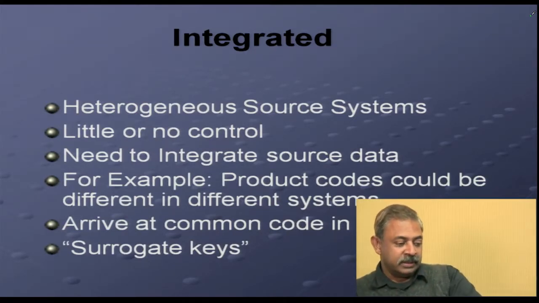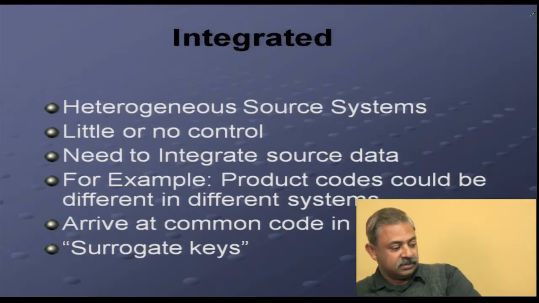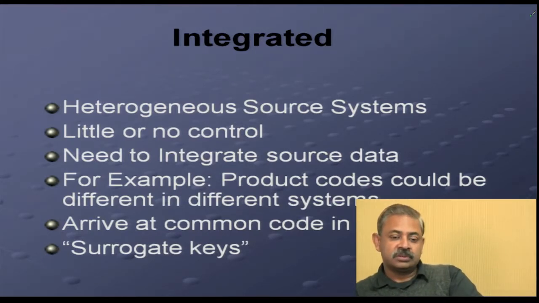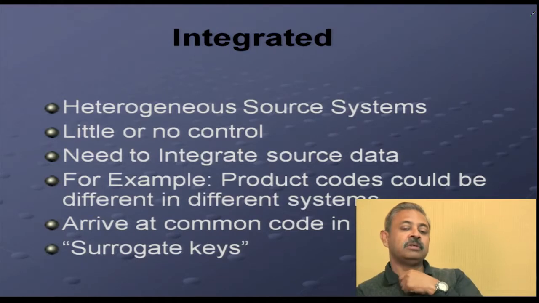So the second aspect is integration. As I told you, these different sales systems may be highly heterogeneous in nature, and you would have very little or no control over these systems, and need to integrate source data. For example, the product code could be different in different systems. So what we do is we try to arrive at a common product code.